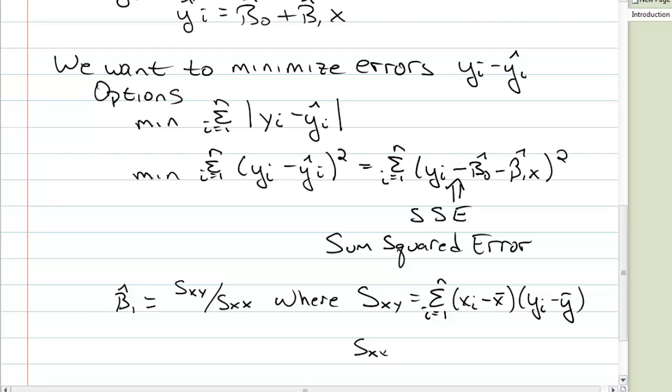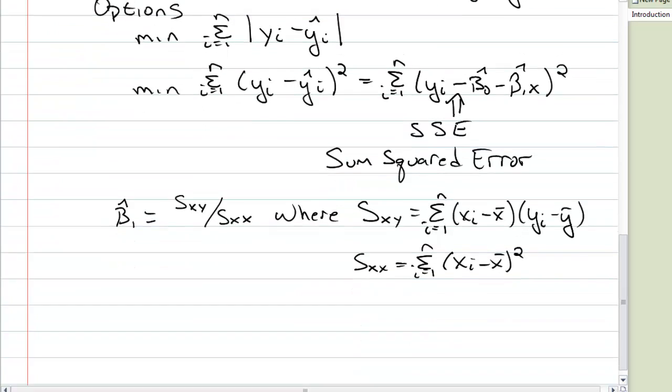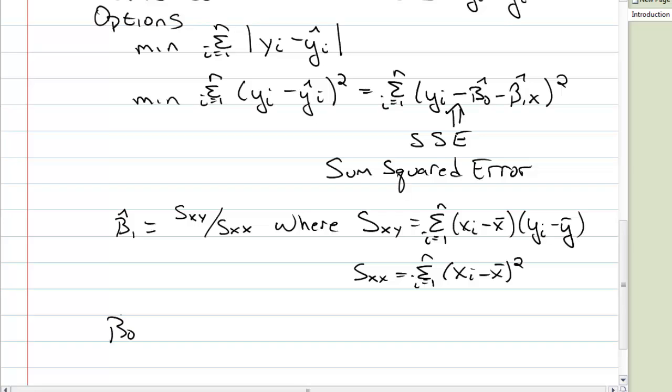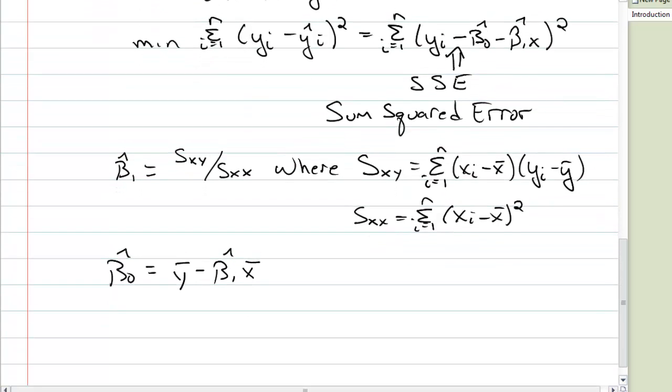And s sub xx, same idea, except I have two x's here, so it's going to be x sub i minus x bar squared. And finally, I can estimate beta naught as just my average of the y values minus my estimate for beta 1 times the average of the x values. Interpretation: beta naught is the intercept, beta 1 is the slope of my line. And that's an introduction to linear regression.